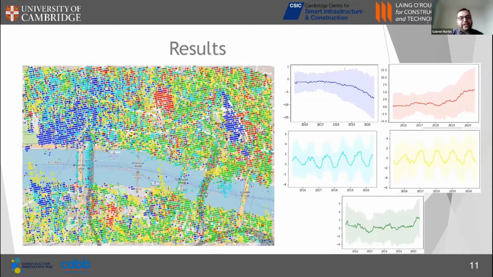Then we have the yellow class, which is also a seasonal pattern, inverse to the previous pattern, and it is also mainly located over the docking platforms over the river. And finally, we have another class which is basically flat, and it corresponds to background signal.